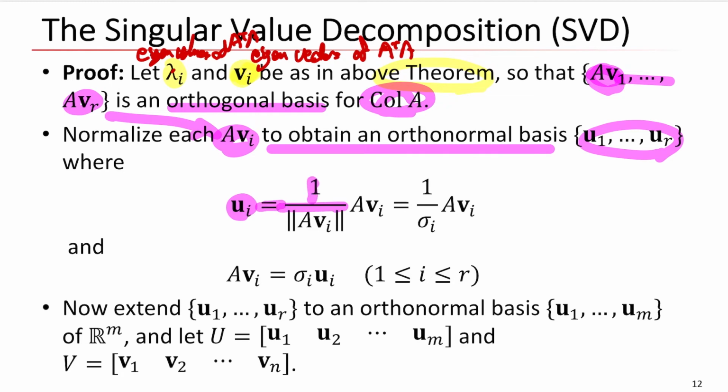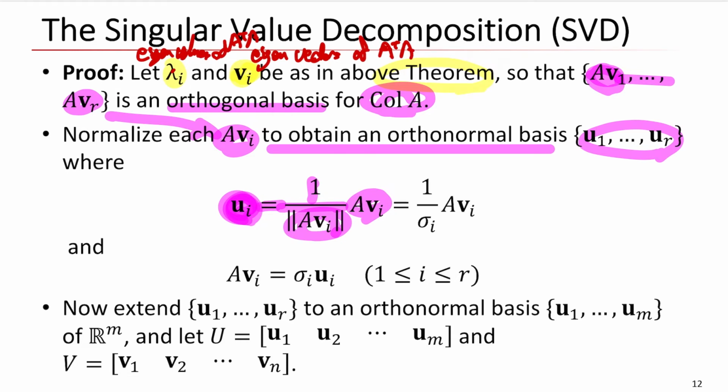ui is equal to 1 over the length of Avi, times Avi, to make the size of this vector u equal to 1, right? So this is just a normalization.